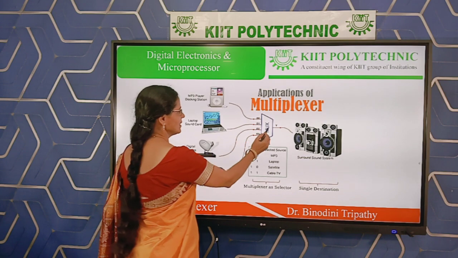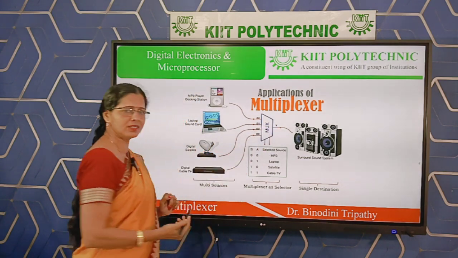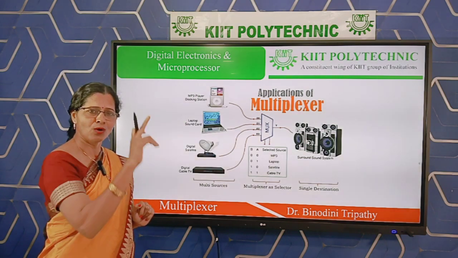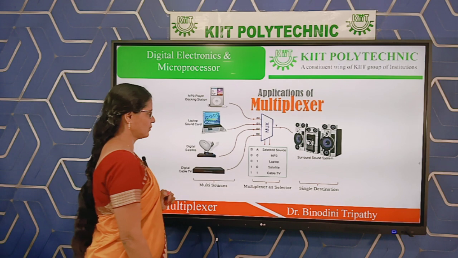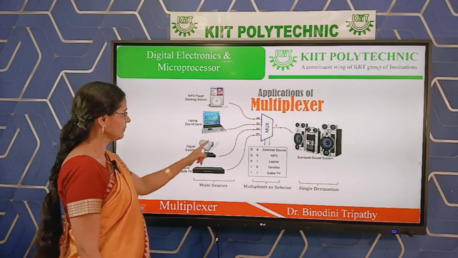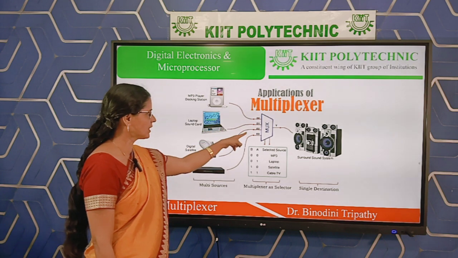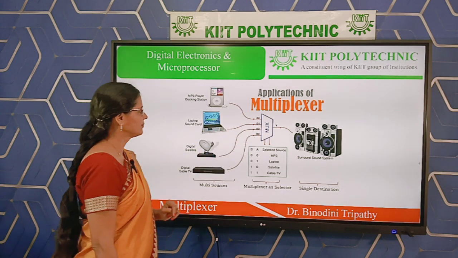Now the MUX output is 1. It has a number of inputs and a single output, because it selects any one out of many. The number of inputs is equal to the number of input signals. So here you have 4 signals, accordingly 4 inputs and 1 output.